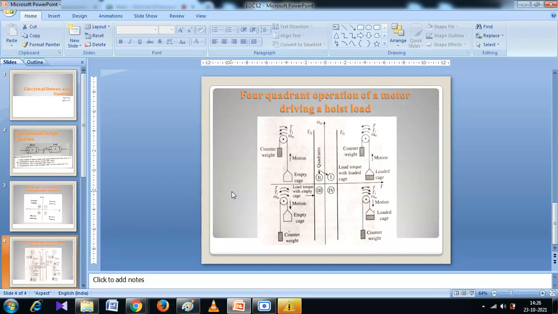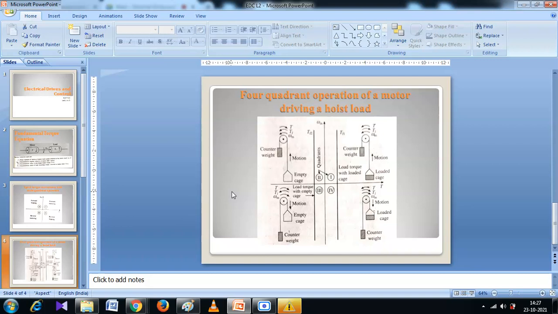We have to consider that the empty cage weight is less than the counterweight, and when the cage is loaded, the weight of the loaded cage is greater than the counterweight.